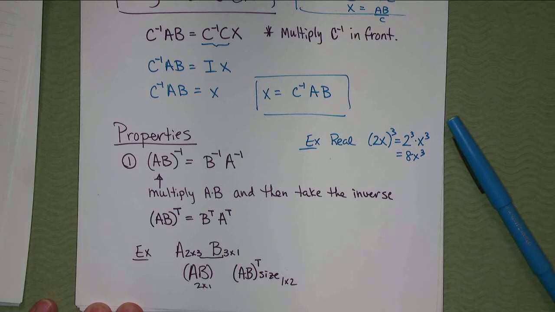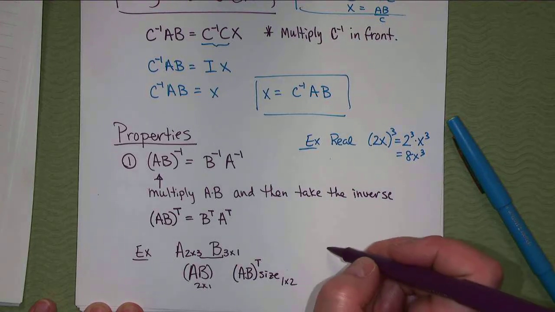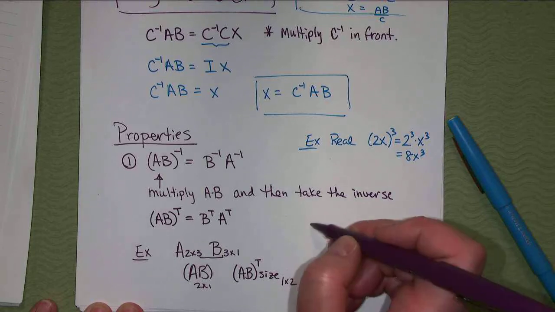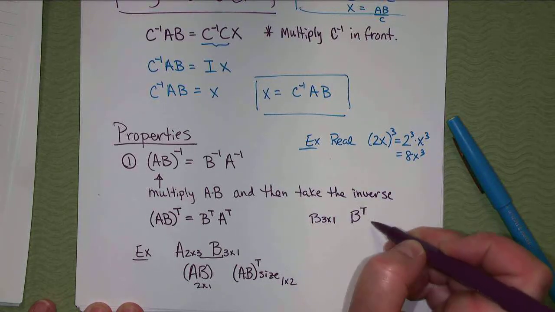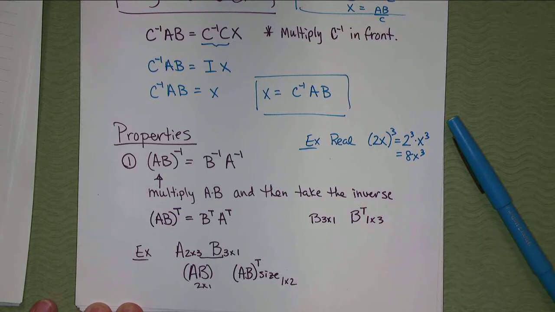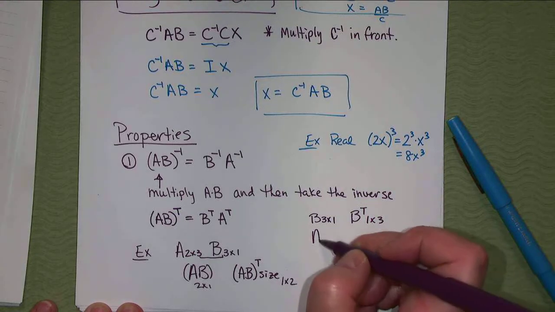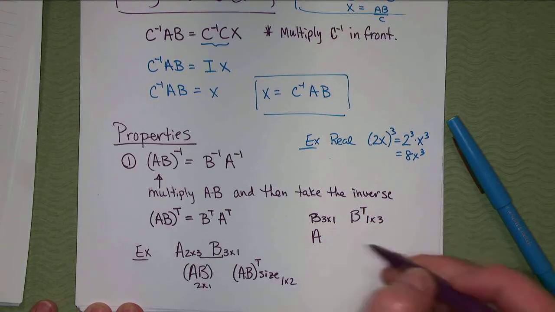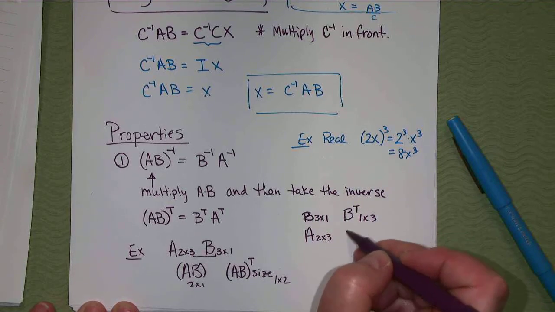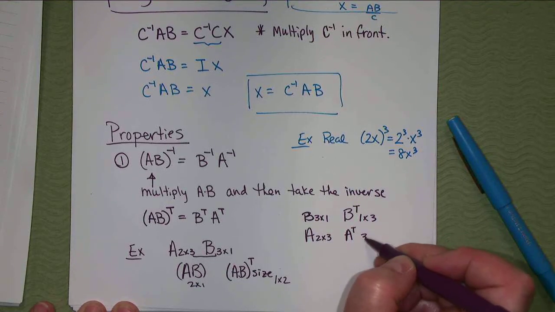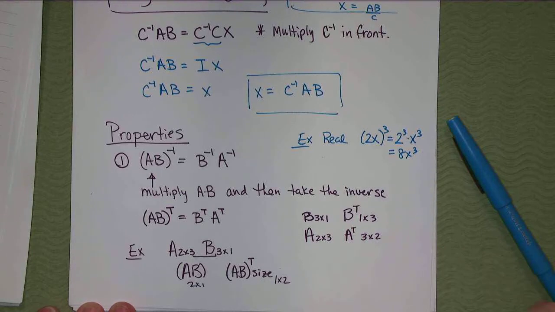So without even writing the matrices. Now what if we transpose them first? So remember, B is a 3 by 1, so B transpose would be a 1 by 3. A is a 2 by 3, so A transpose would be a 3 by 2. Now look at how you can multiply them.